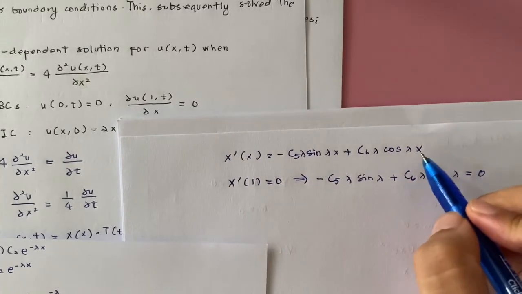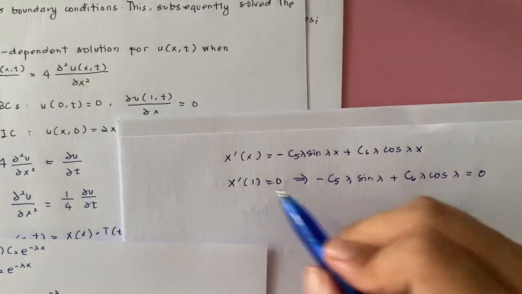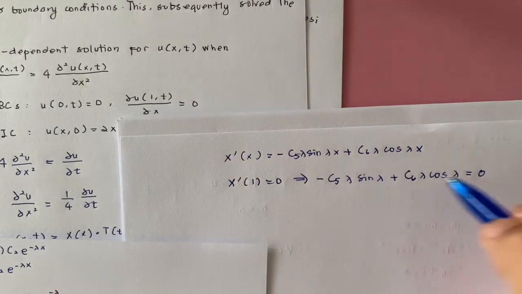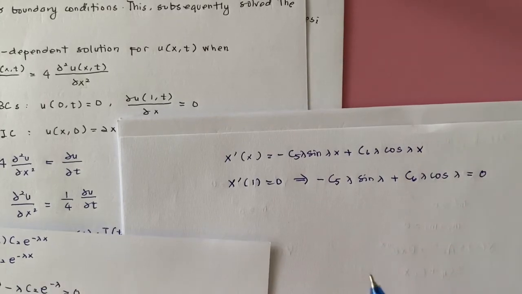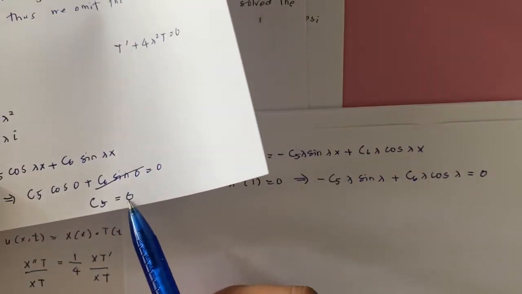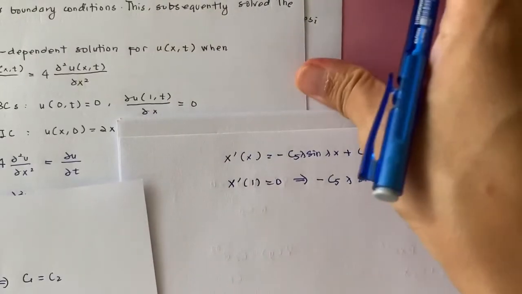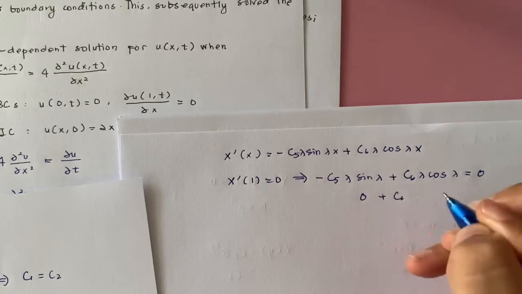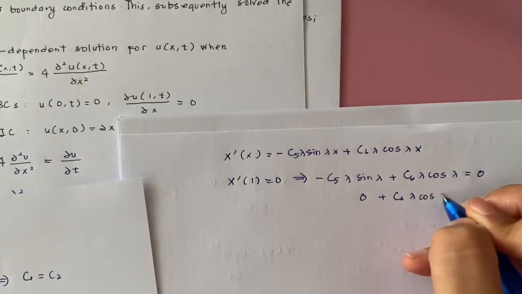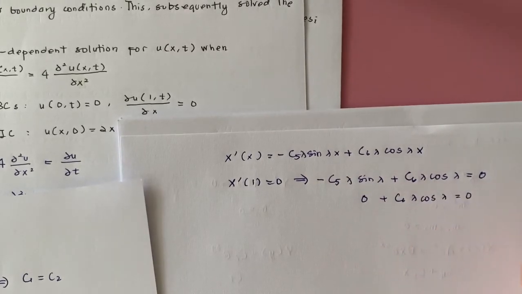Okay, substitute x with 1, you have this whole expression equal to 0. Since c5 is equal to 0, substitute c5 equal to 0 here. You have 0 plus c6 lambda cos lambda equal to 0.